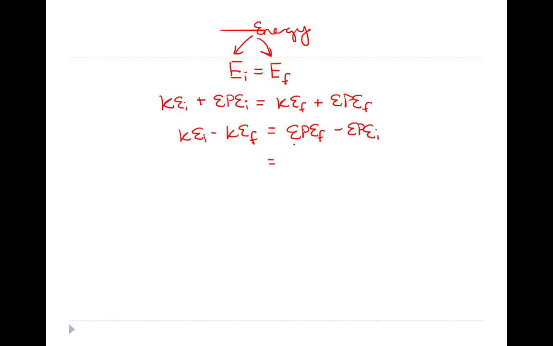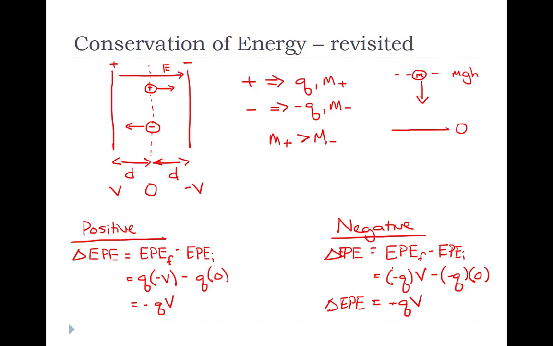For both of our charges, the positive and the negative, we know what this quantity is. This is the change in electric potential energy that I found on the previous slide. And for both of them, it was minus QV, where this Q now, if you think about it, has to be absolute valued because I've already put the minus sign in for the charge on the negative charge when I did the calculation.